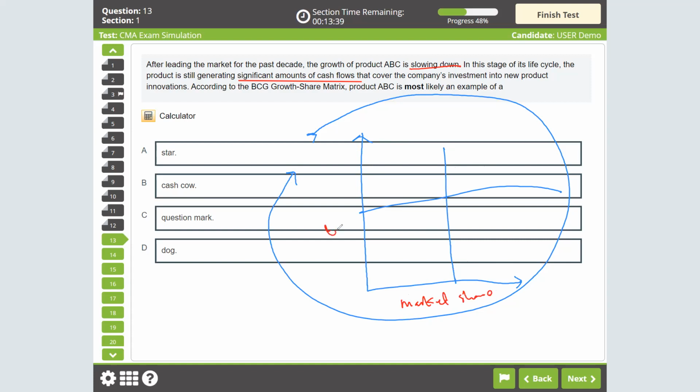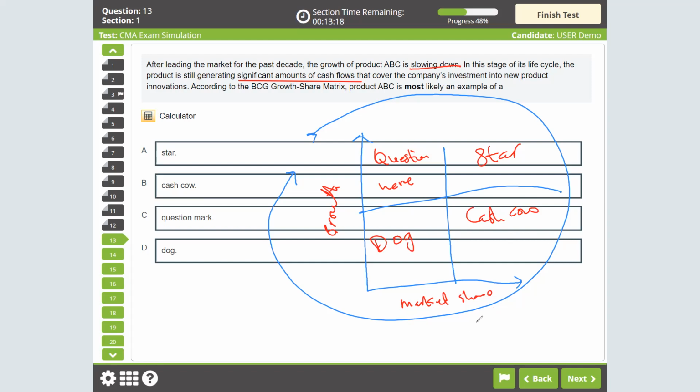And it starts with question mark. So question mark is here. And then we have star. And then we have cash cow. And then we have dog.